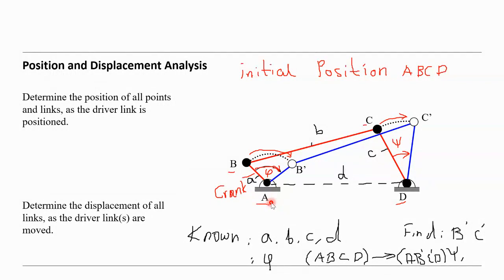So we have to know about any point on the mechanism: the position, velocity, acceleration, and we are also interested in the forces acting on the points A and B, because we have to check whether it will work or break or have any malfunction. But first of all, we start with the displacement, position and displacement.